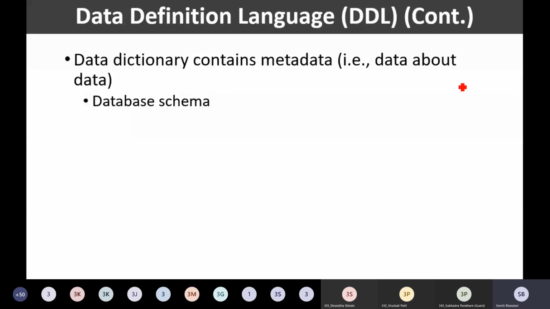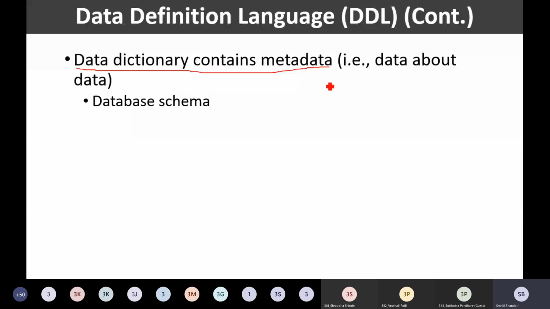Whenever I am creating any table, the definition of this table is stored in my data dictionary, and the data dictionary is actually storing the metadata.